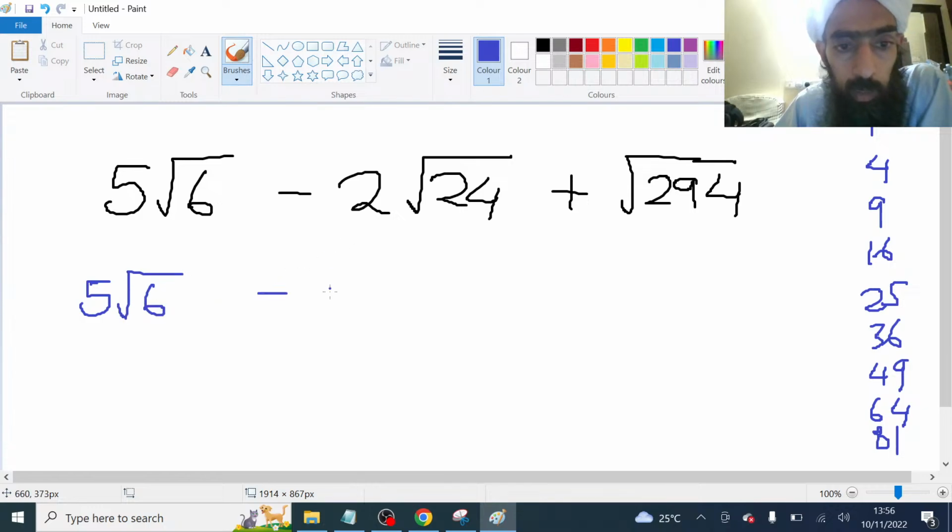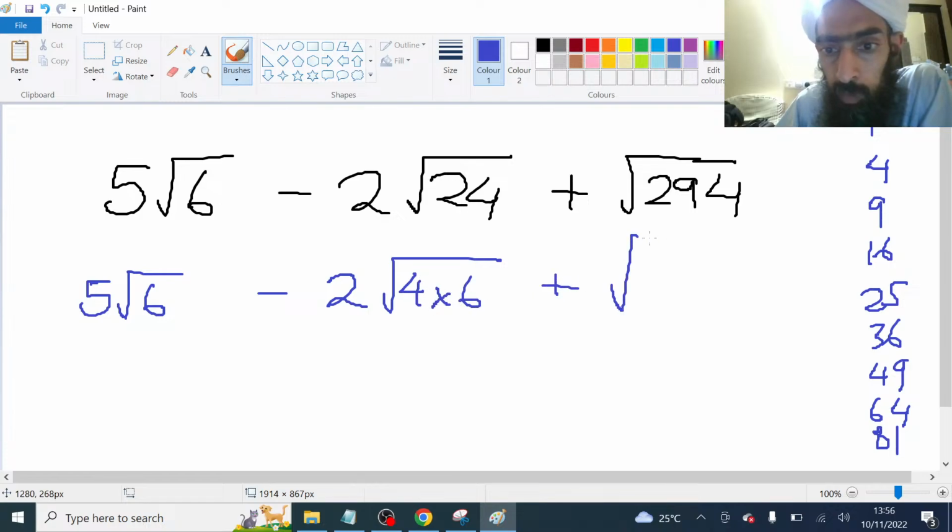Let's pick the next one, so we've got 2 root 24, we can pick the 4, so that would be 4 times 6. And for root 294, I'm thinking 81, so 80 times 3 times 3 would be 240.